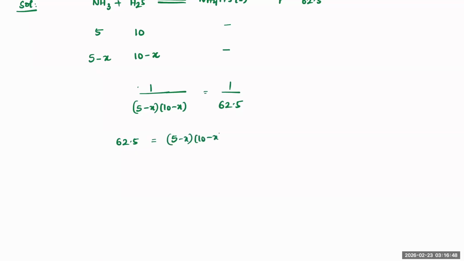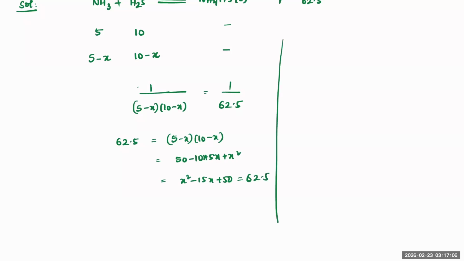So how much are we getting? 50 minus 10x minus 5x plus x square. So we are getting x square minus 15x plus 50 equal to 62.5. Got it? So x square minus 15x, plus, yeah, so minus 12.5, that is equal to 0.